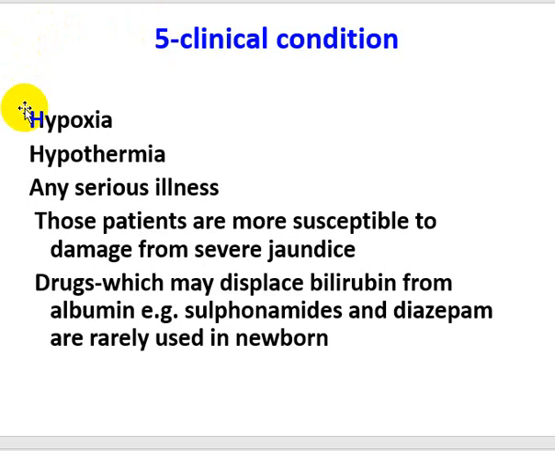If the baby has respiratory distress, for example, we need to check body temperature, hypothermia, any serious illness, sepsis, pneumonia, urinary tract infection. Those infants are more susceptible to damage from severe jaundice. And we concentrate on drug history, because some drugs displace bilirubin from albumin. Examples are sulfonamide and diazepam, so they are rarely used in the newborn period.